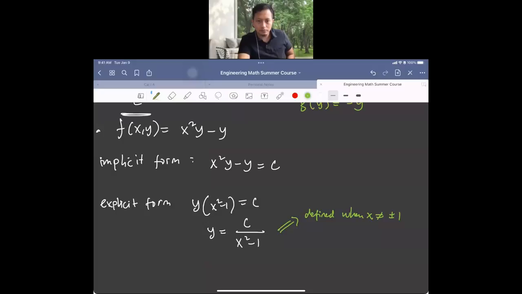Let me give you another example. And we can also combine the integrating factor from the previous linear differential equations with this exact equation. Okay, that's one way.